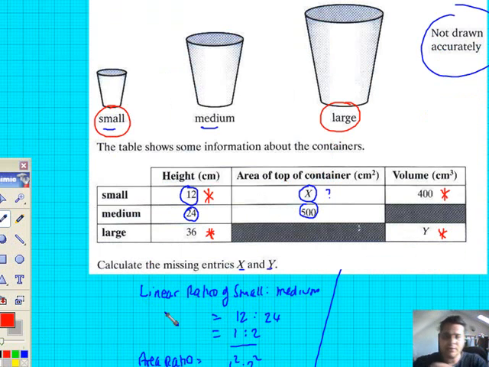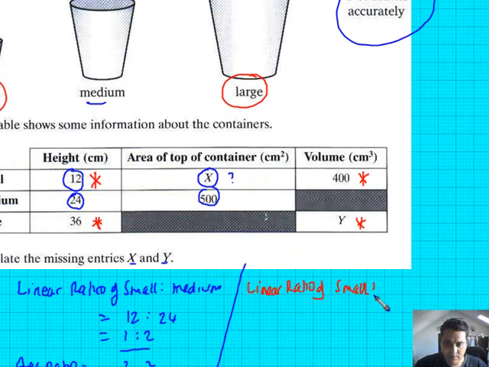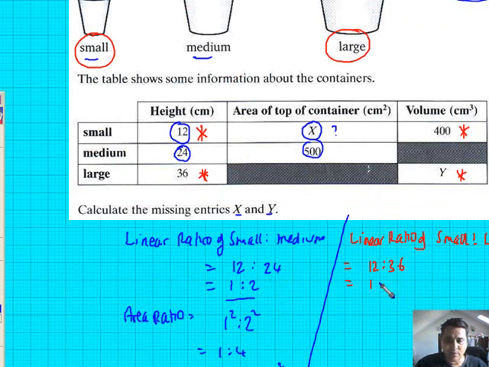Let's just do the linear ratio working with small to large. So same again, small to large. Move over here a little bit. It is going to be 12 to 36, otherwise known as 1 to 3. That's the linear ratio.